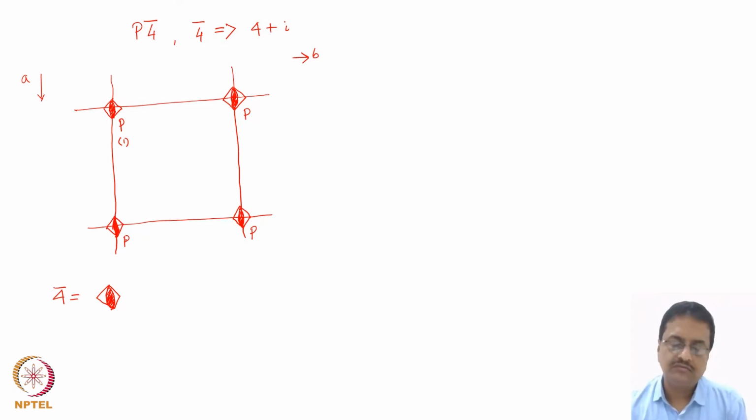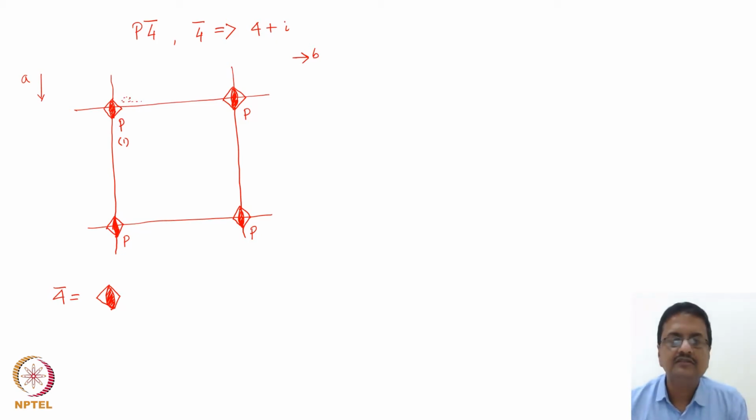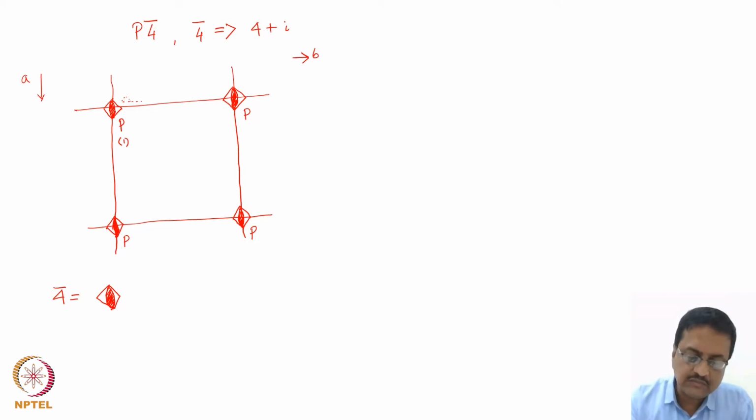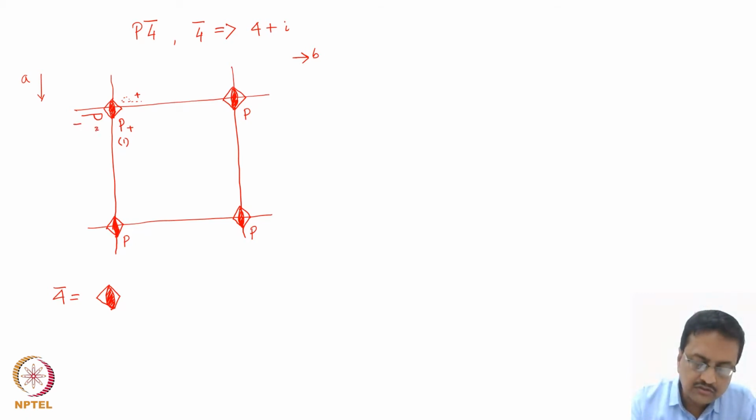What does it mean? 4 bar means it is a 90-degree rotation followed by inversion. So if you first rotate it by 90 degrees, you get here, and then by doing inversion about this point, you get the object down. So if this was a plus, that means above the plane of projection, the 90-degree rotation kept it as plus, and then on inversion it has become a minus. So this is point number 2.